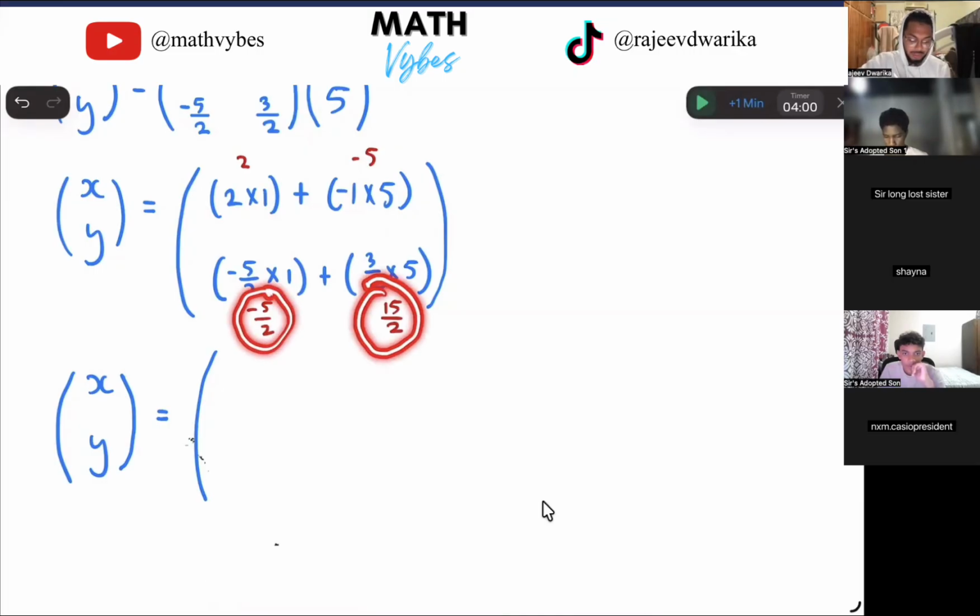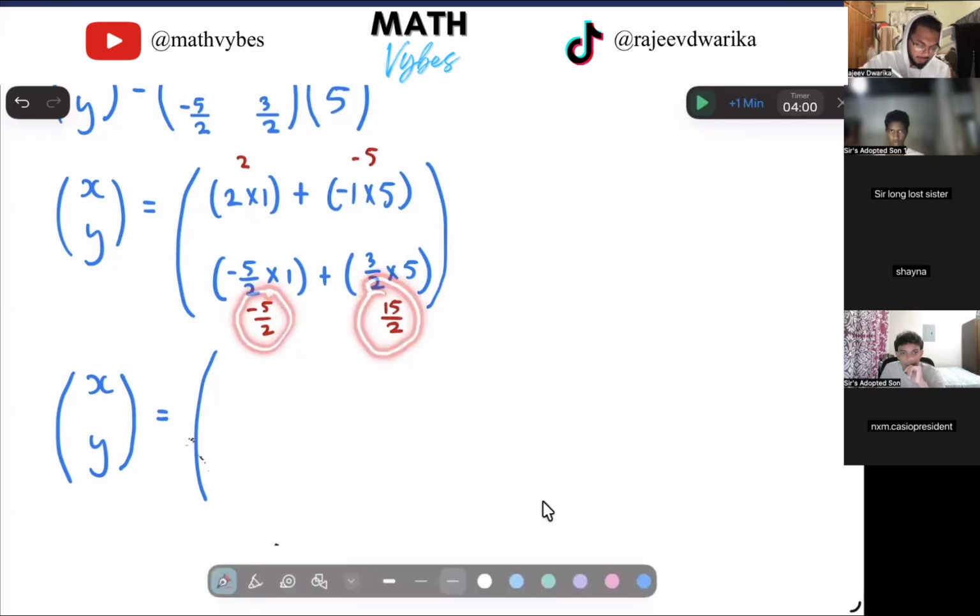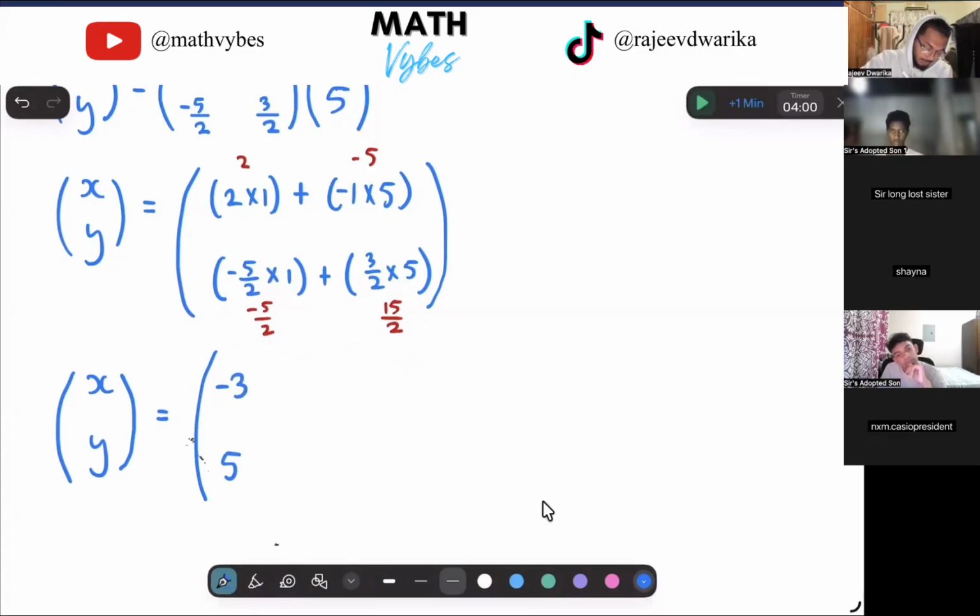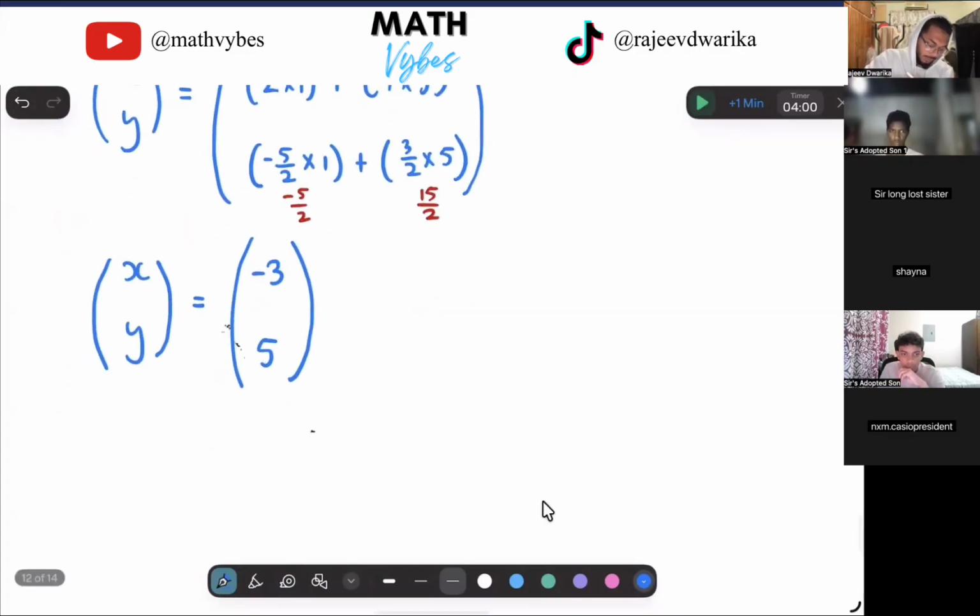So it's really minus 5 plus 15, which is 10. 10 over 2 is 5. And 2 minus 5 is minus 3. So x is equal to minus 3, and y is equal to 5.